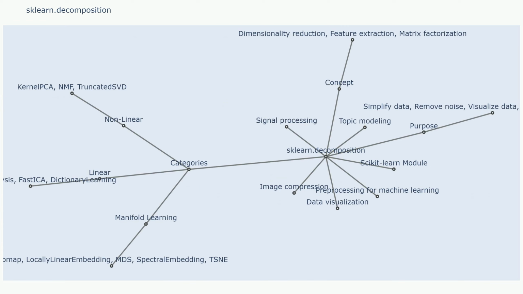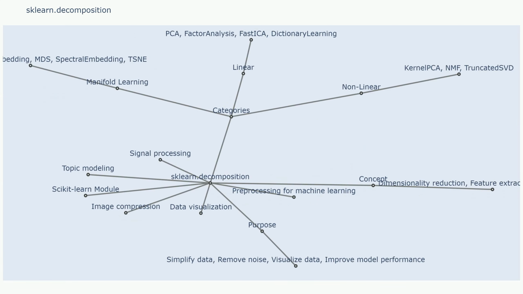4. Sparse principal components analysis. Sparse PCA, a variation of PCA that promotes sparsity in the components, resulting in more interpretable and potentially more robust representations. Key features. Sparsity: encourages components to have only a few non-zero elements, making them easier to understand.